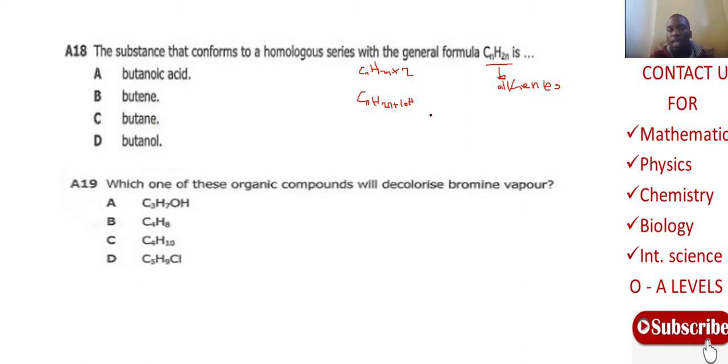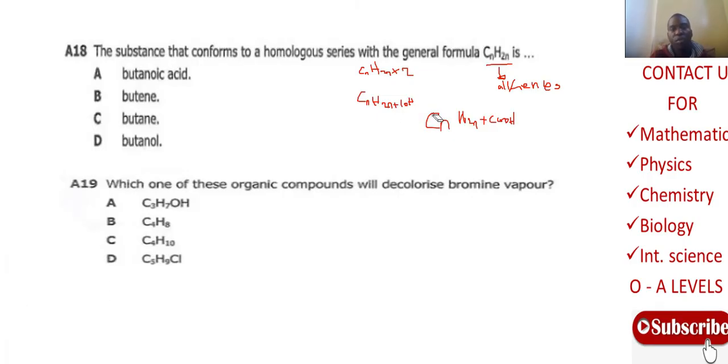Then we've got others like for acids, which is CnH2n plus then we have just COOH. So this one is for carboxylic acids. Let's be aware of these various molecular general formulas.